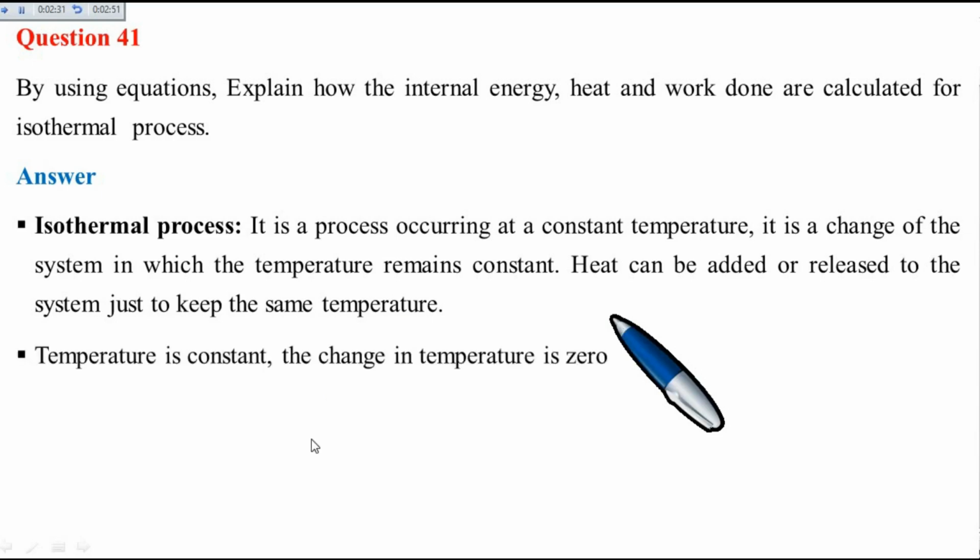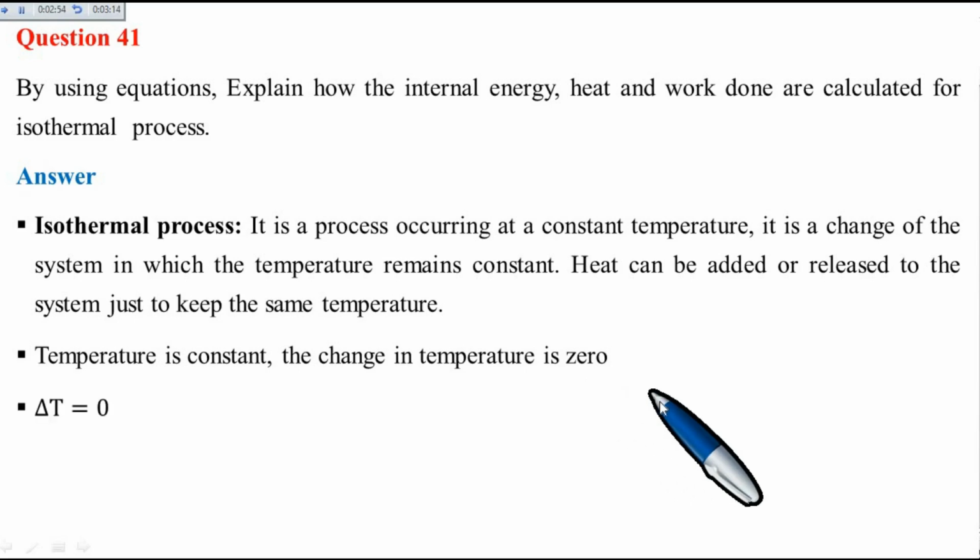In an isothermal process, the temperature is constant and the change in temperature is zero, because the final temperature and the initial temperature are equal. The change in temperature is equal to the final temperature minus the initial temperature, so delta T is zero.